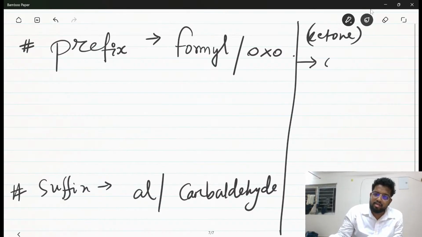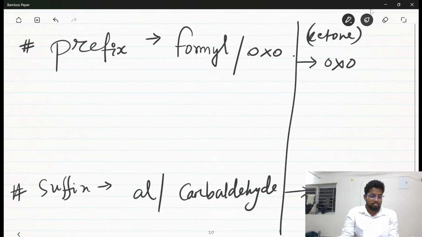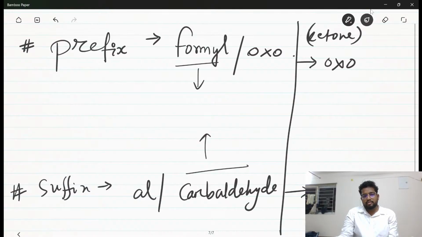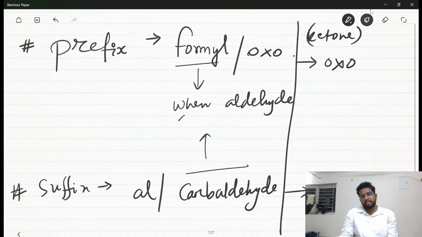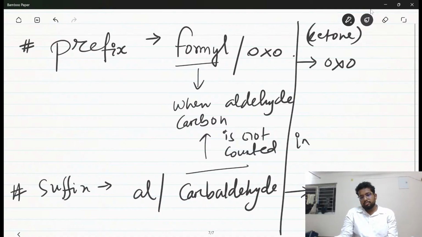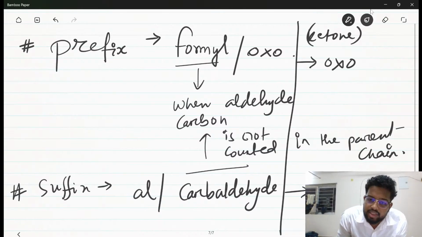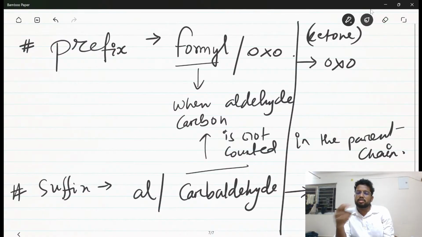Prefix of ketone is only oxo and suffix of ketone is only one. Now when to use formyl or carbaldehyde? When the aldehyde carbon is not counted in the parent chain, we can use these types of prefixes and suffixes. Okay?